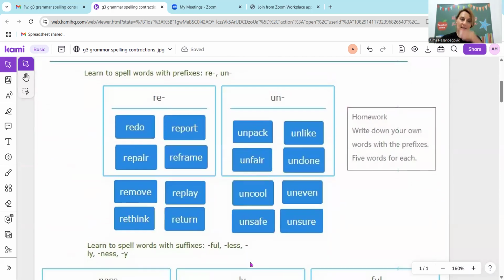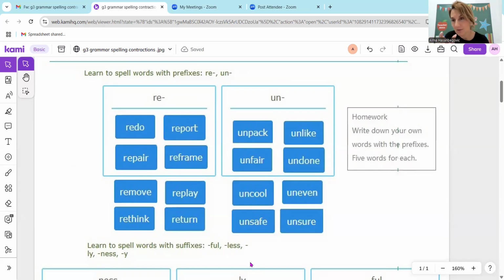So the words that come with prefixes RE and UN are the following. Redo. Now, keep in mind that the prefix re means do again. So redo means do again.